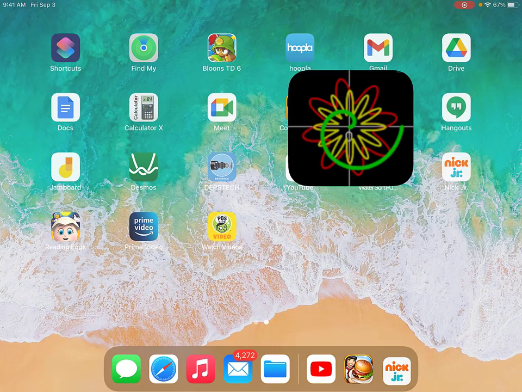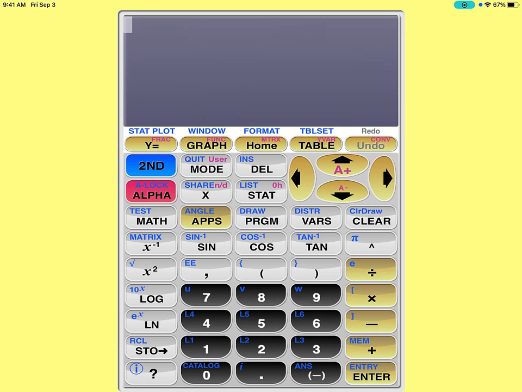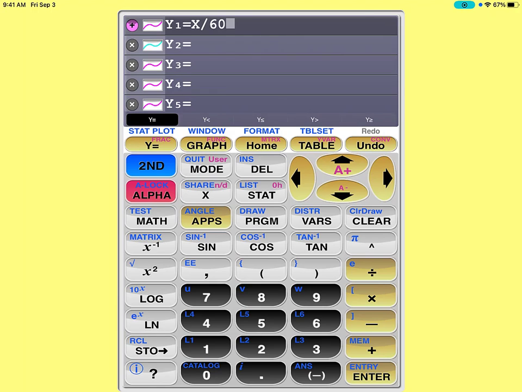Let's go to my graphing calculator, the TI-83. Okay, so I'm on the home screen here. And I'm going to put this into a table. I just find it way easier if you think about it. It's a formula. X divided by 38. Whatever that number is over the total.